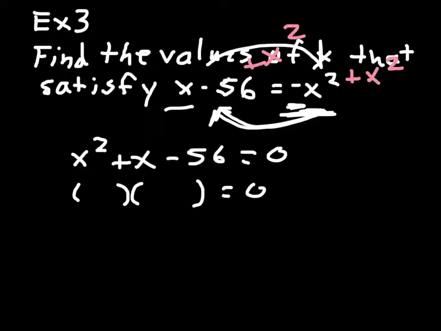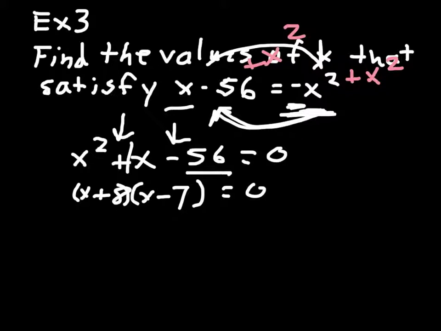Alright, so the second sign is minus, which means I have a plus and a minus, and it goes x and x. So since I have two different signs, I want two factors of 56 where the difference is 1. And that would be 8 and 7. The larger factor, 8, has to go with the first sign. So 8 has to go there, 7 goes there.